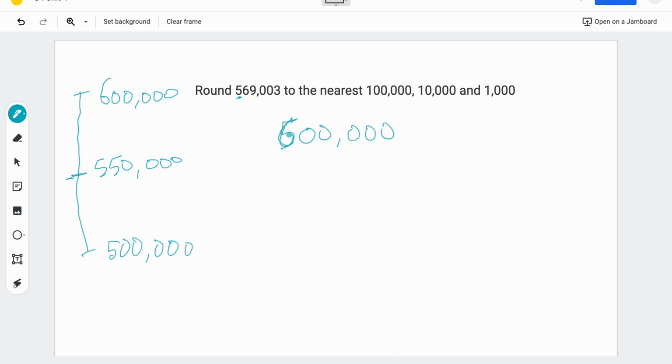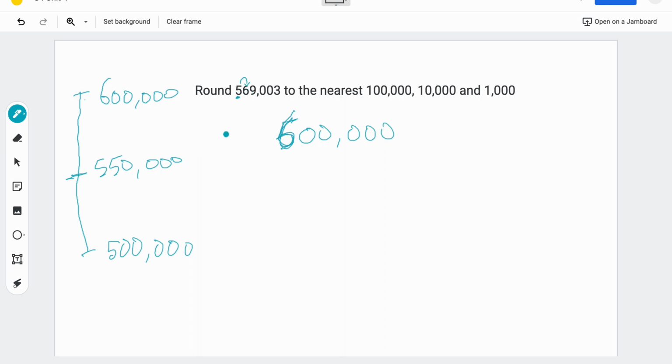Okay, this is a 6. And again, this is the way to visually see it and to think about it logically. But if you want to think about it as a process of just knowing how to do this, you go to the place value, right? Round to the nearest 100,000. So you go to the 100,000th place, and you look to your right. If you see that this number is 5 or more, you round up.